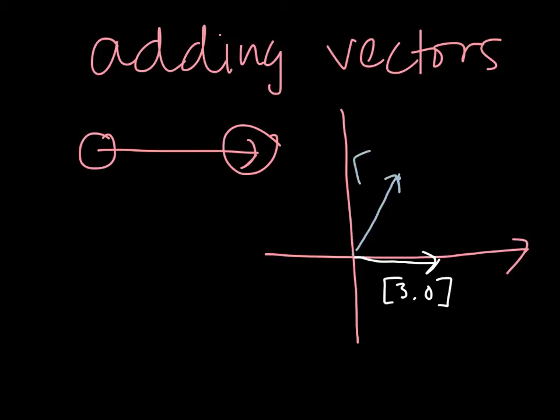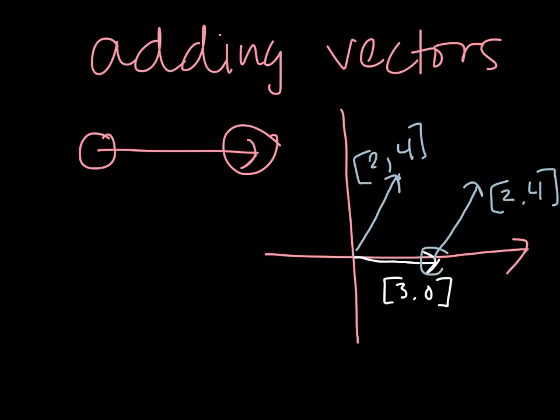So now I have my two vectors, 2, 4, and 3, 0. And what I can do is translate vectors, meaning I can pick them up and move them on the coordinate plane. So this vector 2, 4, I can actually pick it up and move it right over here. Now note that it has to have the same direction and the same length as the original vector. But now I've lined up my vector 3, 0 and 2, 4 in what we call tip to tail.